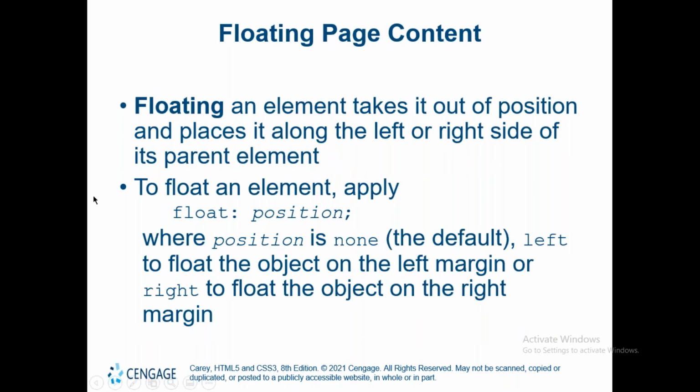Your property is float, and then your type is, okay, position is where you're going to float it. You're going to specify where you're going to float it: none, which is the default, left to float the object on the left margin, or right to float the object on the right margin.